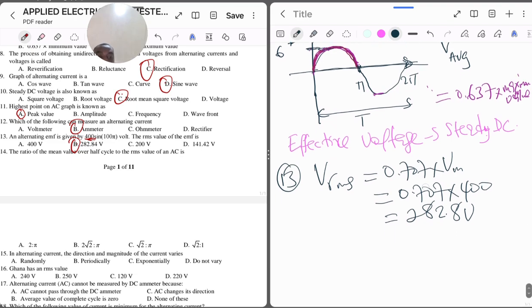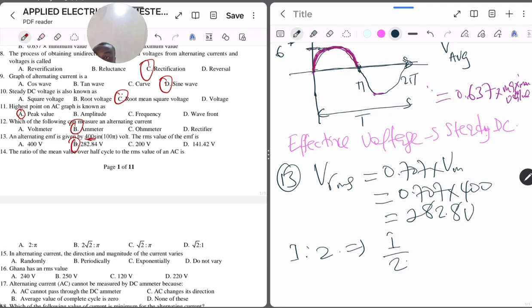So let's look at this. We have to take the mean value to the root mean square value. So this has to do with ratio. It's similar to saying 1:2, which you can express as 1/2. So we are going to use that idea here.